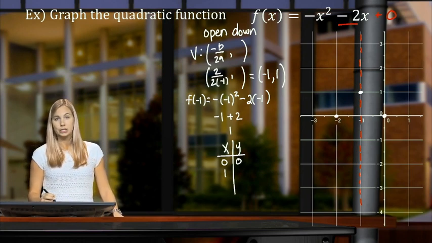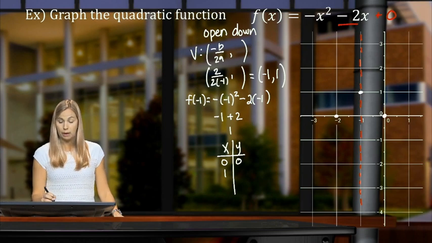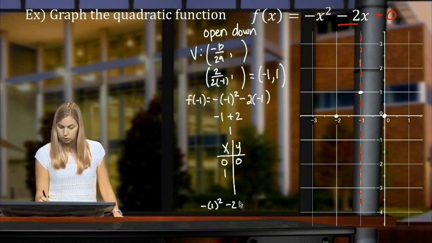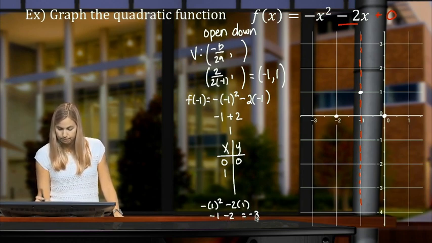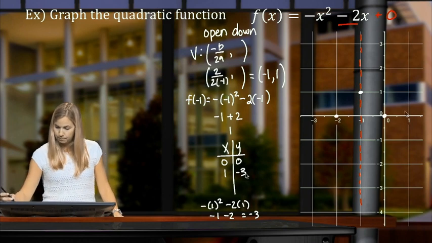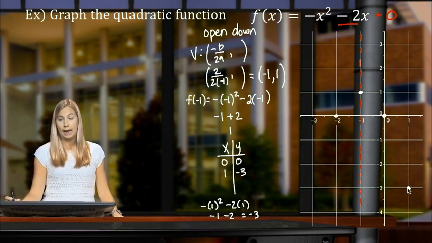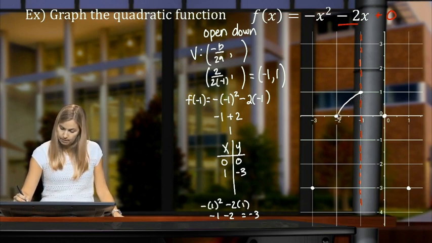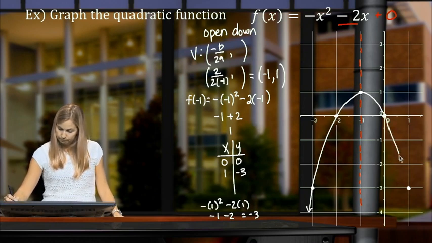When I plug in x equals positive 1, we get negative 1 squared minus 2 times 1, or negative 1 minus 2, which is negative 3. So (1, negative 3) is down here. Reflecting about my axis of symmetry gives me this point over there. And there's my parabola opening down.